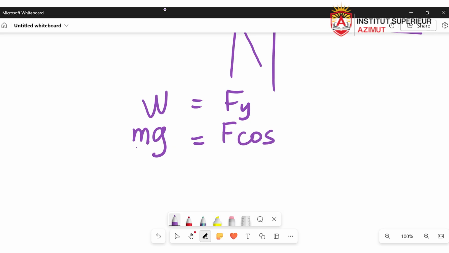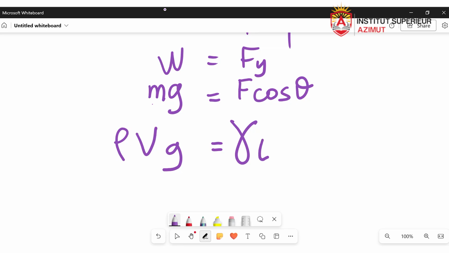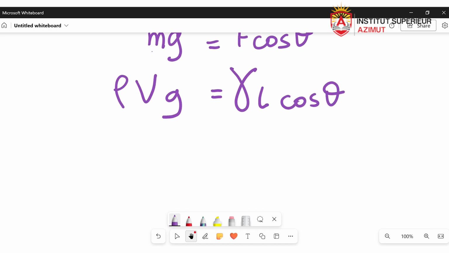So we have mass times gravity has to be equal to the force caused by surface tension times cos theta. So the mass of the water that has risen is the density times the volume, and then times gravity, we have the weight. And then F, which is surface tension force, is going to be given by gamma, the surface tension, which is the force per unit length. The length here is going to be the circumference. Let's call it L times cos theta.